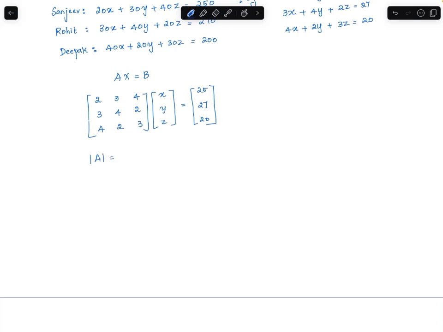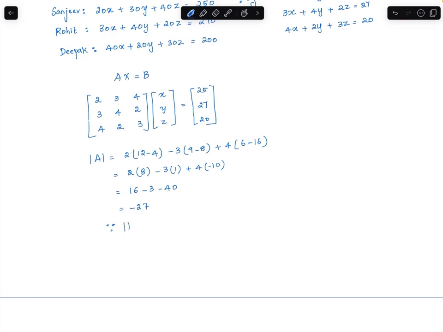Determinant A is equal to 2 times (12 minus 4) minus 3 times (9 minus 8) plus 4 times (6 minus 16), which is 2 times 8 minus 3 times 1 plus 4 times minus 10. 16 minus 3 minus 40, which gives us minus 27.